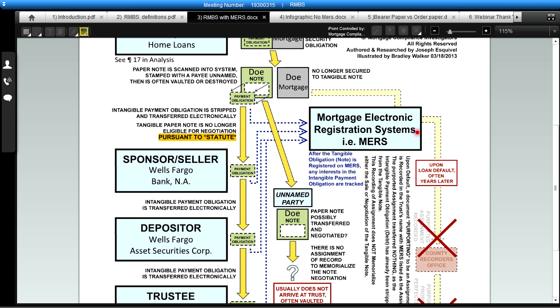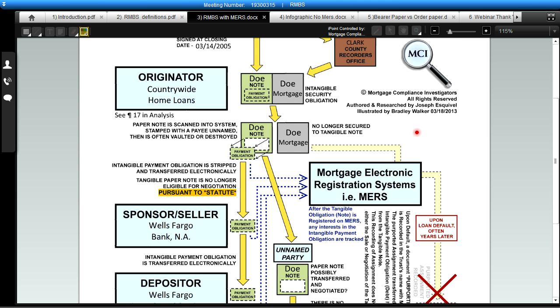What has happened so far is that Clark County Recorder's Office has a recording of the Doe mortgage, and they're assuming that those are the rightful owners of the obligation, which was to be with the Doe note.